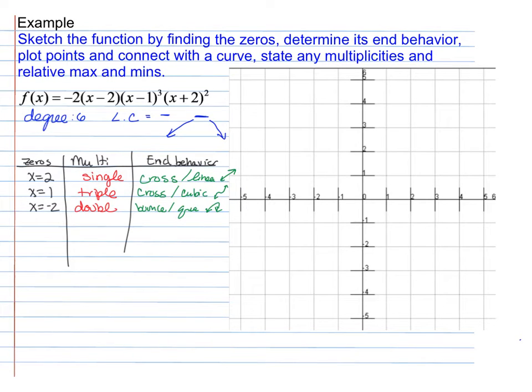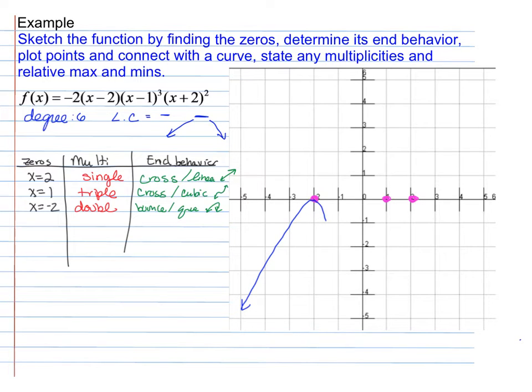So I'm going to put my points. I have a point at -2, one at 1, and one at +2. At -2, I know that my end behavior starts down here, and when it gets to -2, it bounces, so it's going to touch it and bounce.